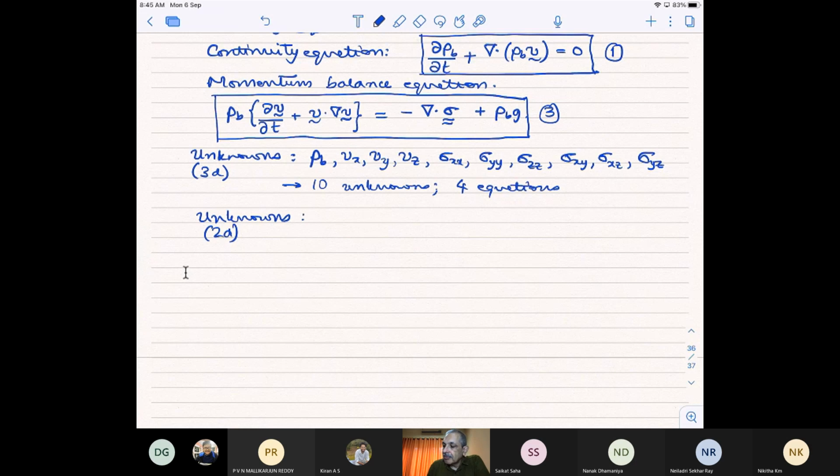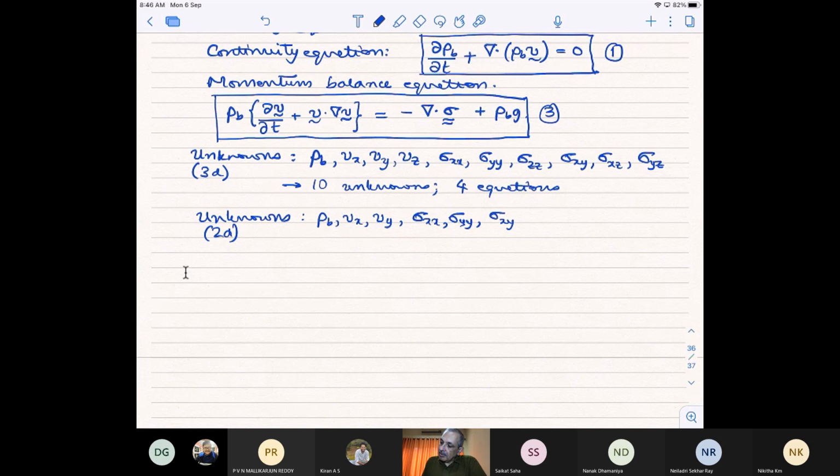We look at some examples of 2D systems. So here, if you see, there's rho, vx, vy, and since it's 2-dimensional, we'll just look at sigma xx and sigma yy, and then sigma xy. So all terms with z in them are 0.